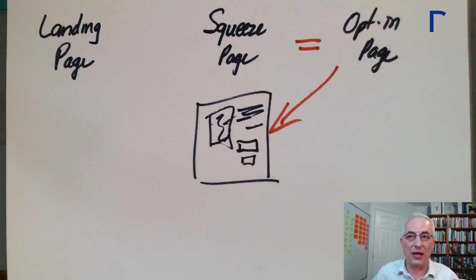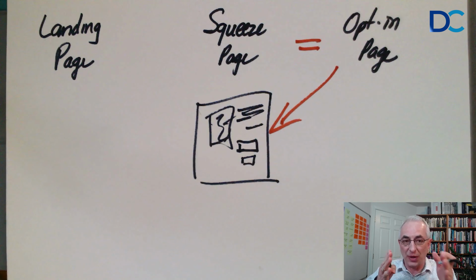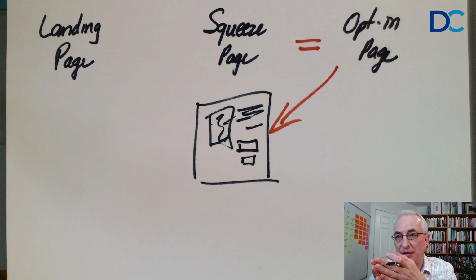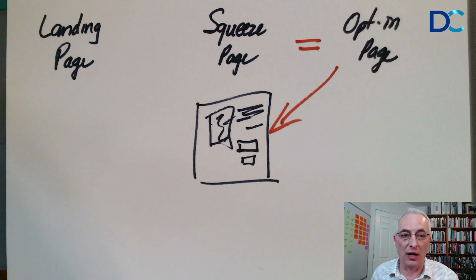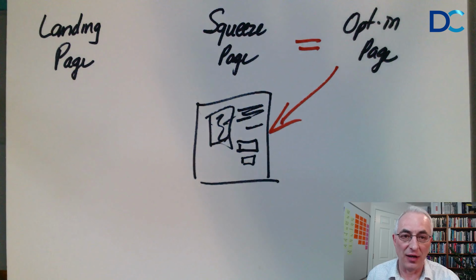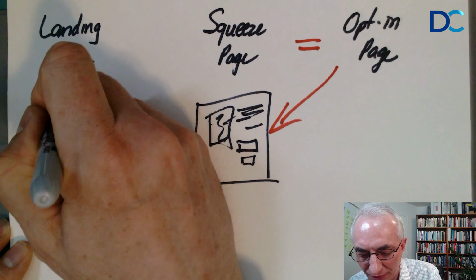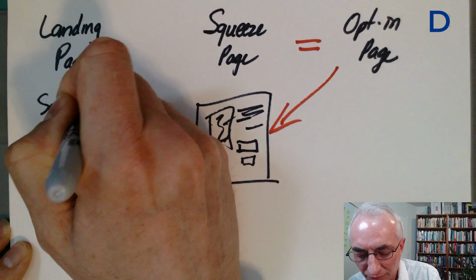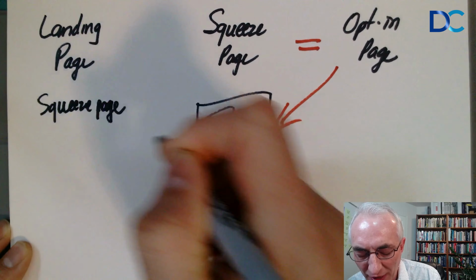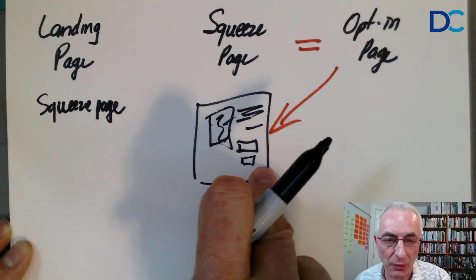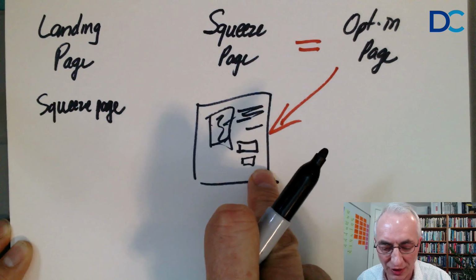Basically, a landing page is when I have somebody on an ad or a page on my website or whatever, and this is the page I want them to land on after they go to that page. So it can be a squeeze page. I'm running an ad, and that ad goes to my squeeze page. The landing page is then the squeeze page.